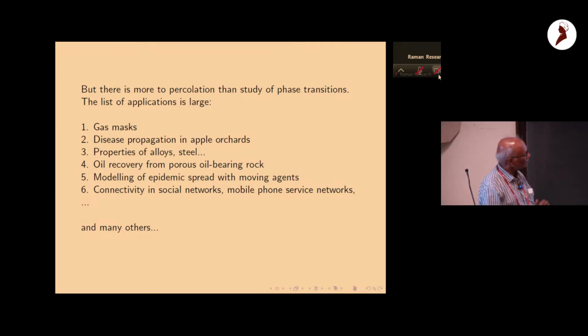Okay, just the last one is that all of us use mobile phones. And the mobile phones, of course, are connected to towers, and then through the towers you can connect to everybody else. The given point in a mobile phone is that it should be connected. So, by definition, if it is not connected, it is not a mobile phone, it is just some piece of metal in your pocket.